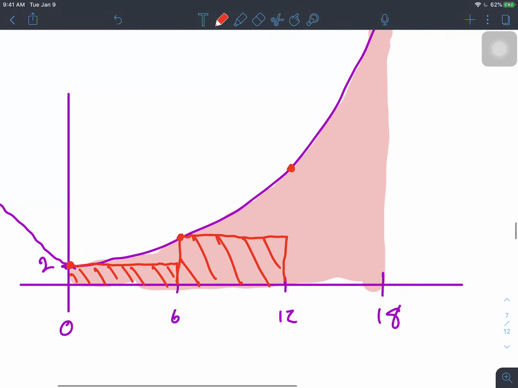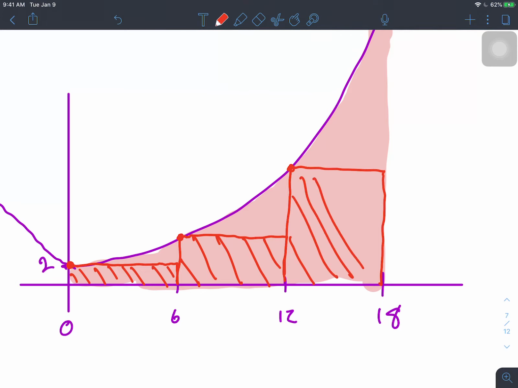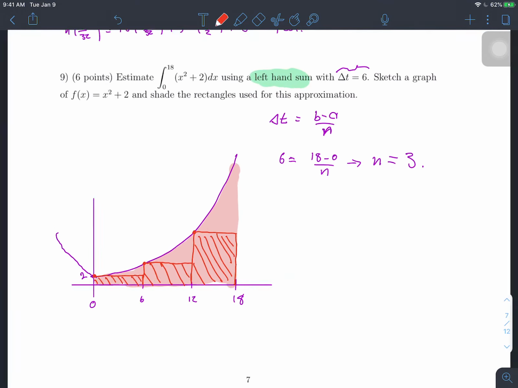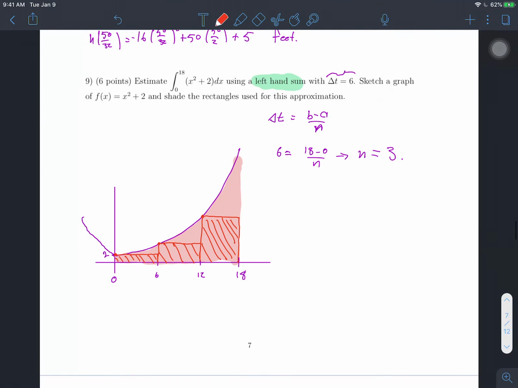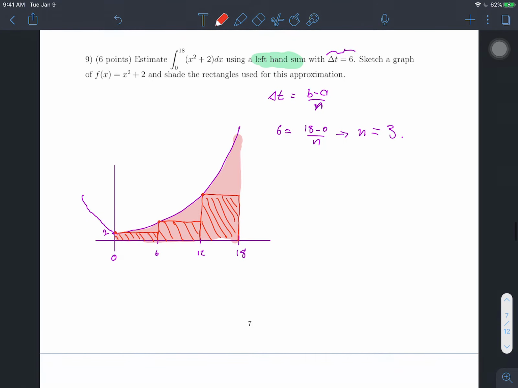Finally, the last interval. So we're going to try to approximate the area of this salmon region by the area of the red boxes, added all up together.